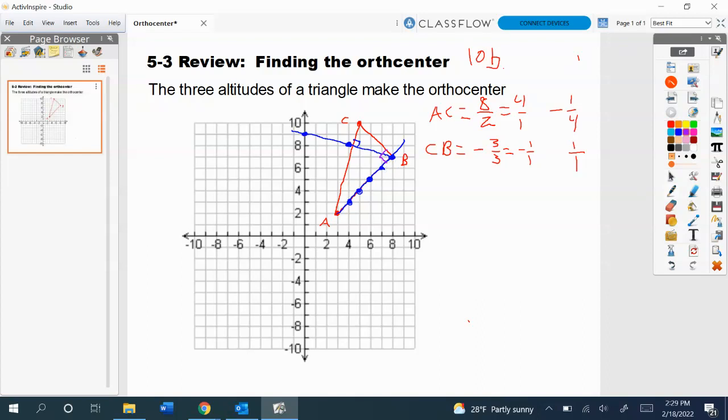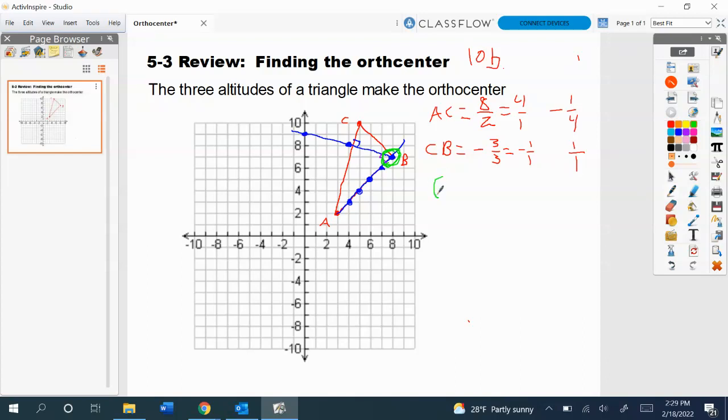So the spot where our two altitudes met is right here at this location, and that's going to be our orthocenter. Since it is a right triangle, the orthocenter happens to be on the right angle of the right triangle.